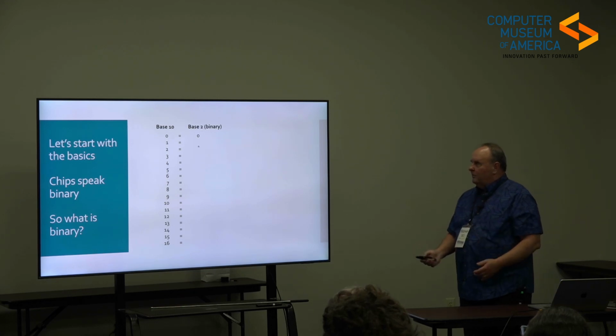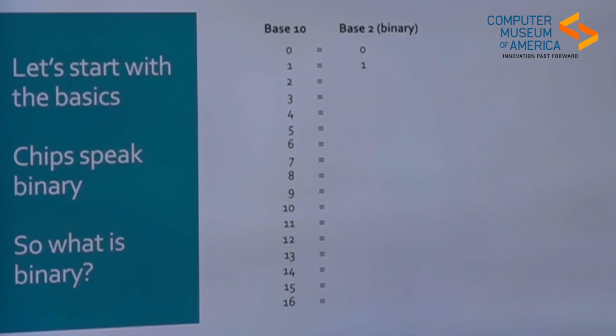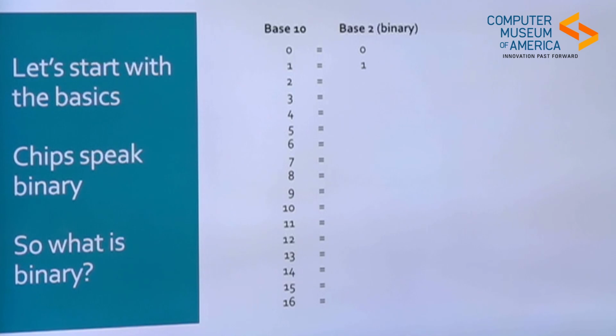But when you count this way, you go 0, 1, and then you go 1, 0. It's like 10? No, it's not 10. It's actually 2 because the positions in base 2 are the 1's place, the 2's place, the 4's place, the 8's place, 16's, and so on, rather than the 10's, 100's, 1000's.